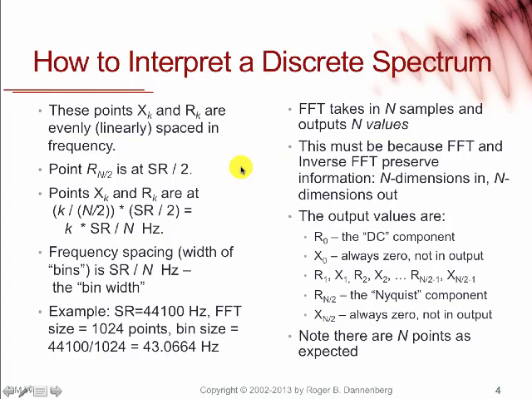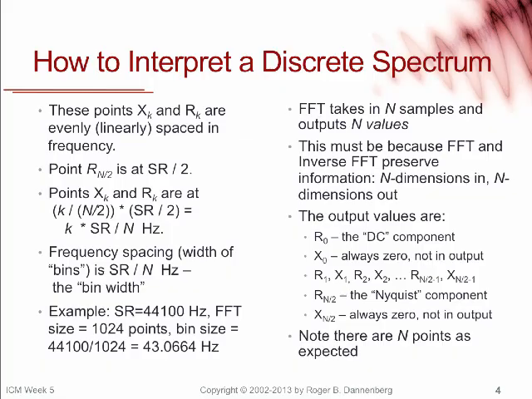Now, these coefficients are not packed in any obvious way, or there is no clear, obvious way to pack these coefficients into an array. So we have to pay careful attention to that. First of all, the FFT takes in n samples of real signal, 1024 samples, let's say, and it outputs 1024 coefficients.